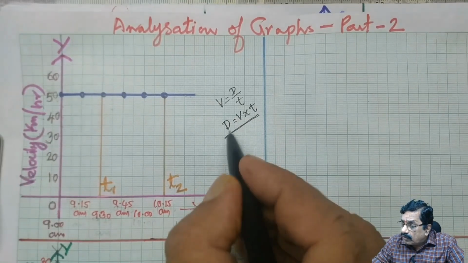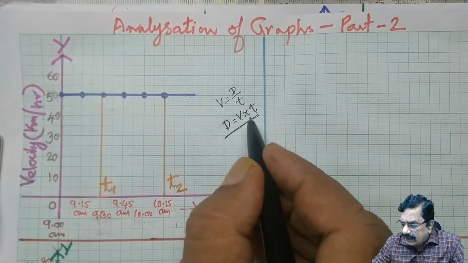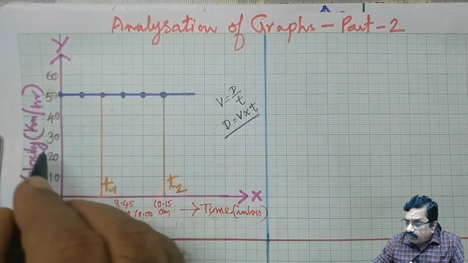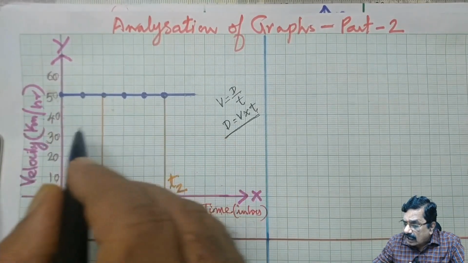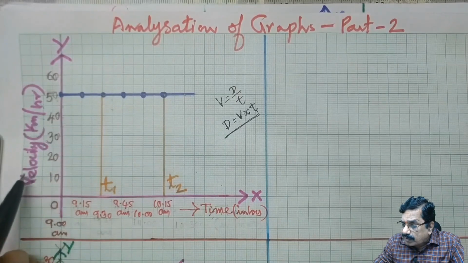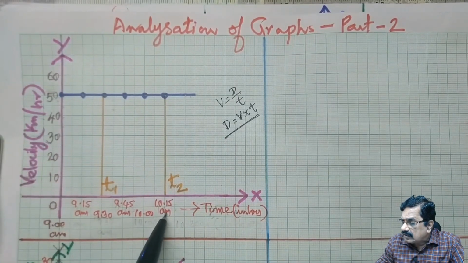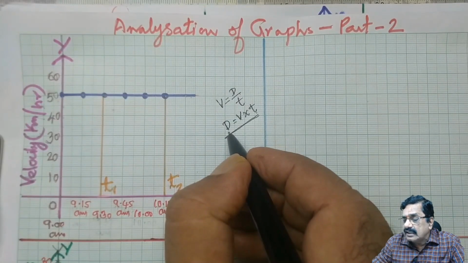So, from this mathematical expression, we can say that if you find the area under this graph line, I repeat, area under this graph line gives the product of velocity and time, that gives the magnitude of the displacement, that is the distance.